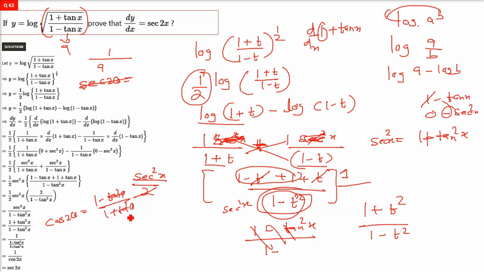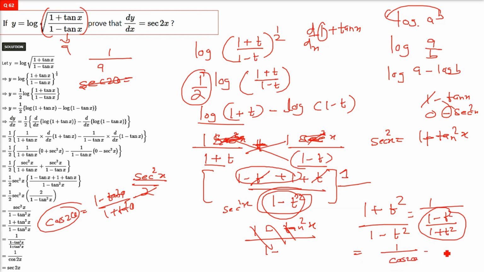But we got 1 plus tan square theta by 1 minus tan square theta, so we need a reciprocal. So you can write it as 1 by cos 2 theta. So 1 by cos 2 theta is sec 2 theta or sec 2x. Theta and x I am interchangeably using. It is sec 2x. So here I told you sec square equals 1 minus tan square, which was wrong. Sec square theta is 1 plus tan square theta.